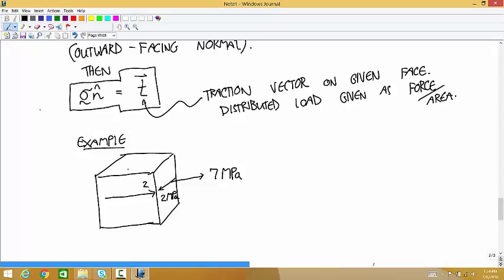And then on the y face, let's say there's one in the negative z direction of 1 megapascal. That requires, for symmetry, one on the z face pointing in the negative y direction, so that's 1. And then let's also say that there's a normal traction component on the z face of 10.